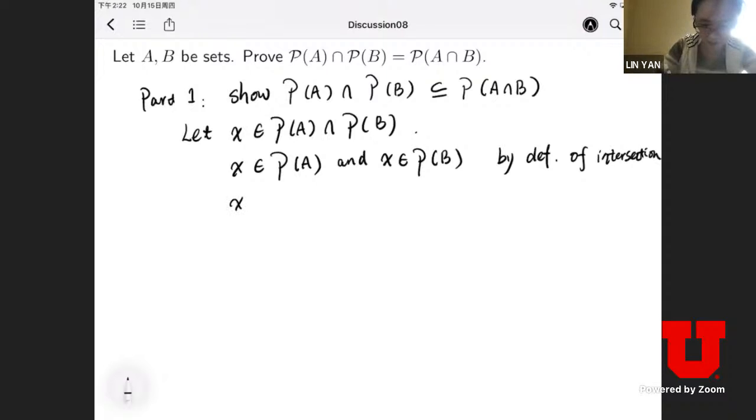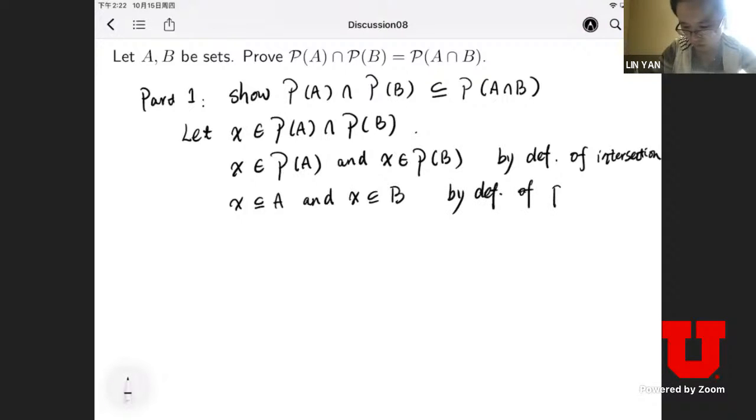Then X is a subset of A, and X is a subset of B. This is by the definition of power set. Any question about this sentence?